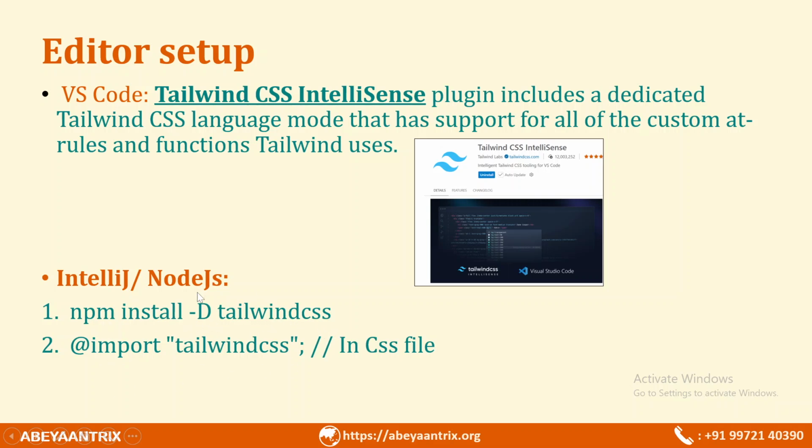This will automatically import the Tailwind CSS library in your system. If you are using VS Code, you just need to install this Tailwind IntelliSense in your VS Code plugins. If you are using IntelliJ, you need to install these things, and then you can easily add Tailwind CSS libraries in your program.